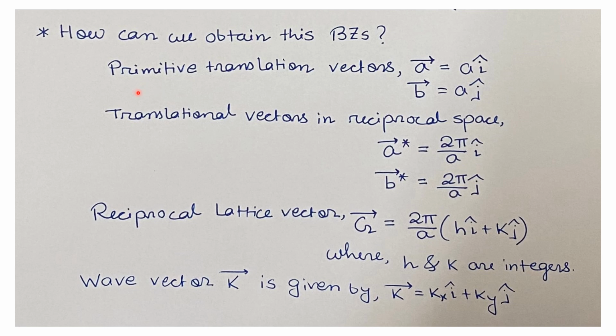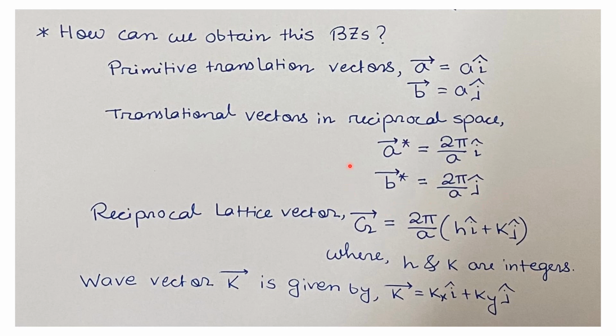For this, we need primitive translation vectors for the 2D square lattice. Those are a vector equals to a i cap, that is along x cap direction, and b vector equals to a j cap along y cap direction. The corresponding translation vectors in the reciprocal space, that is in the k space, will be a star vector equals to 2 pi by a along i cap direction, and b star vector equals to 2 pi by a along j cap direction.